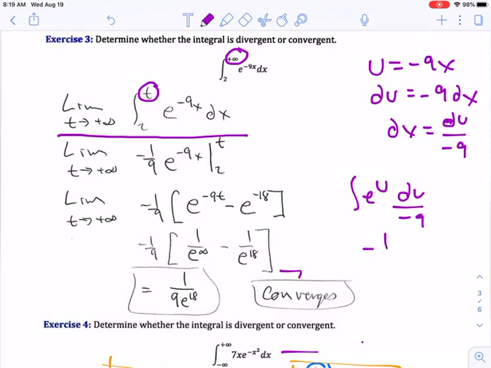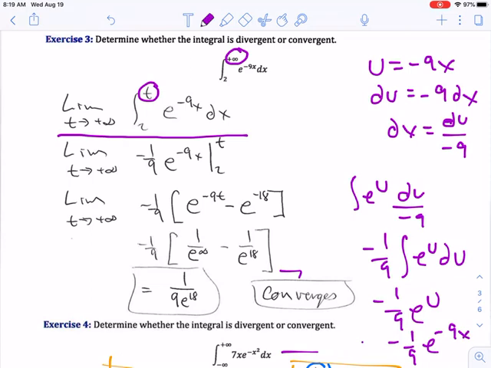So that gives me negative 1/9 times the integral of e to the u du, and the antiderivative of e to the u is e to the u, so it's negative 1/9 e to the u, which is negative 1/9 e to the negative 9x. So that's what we get here.